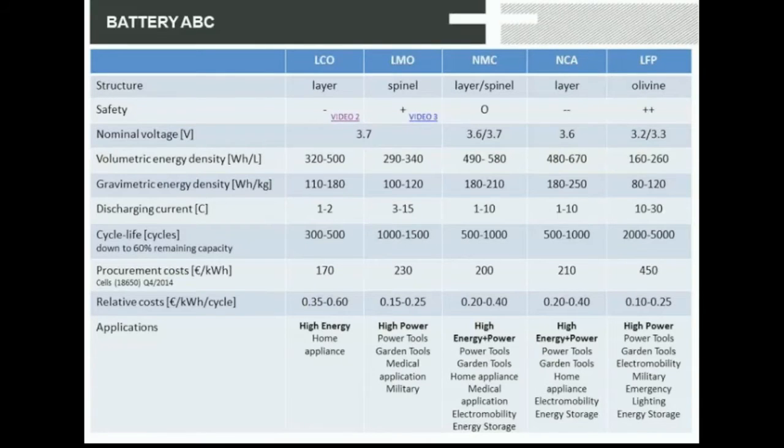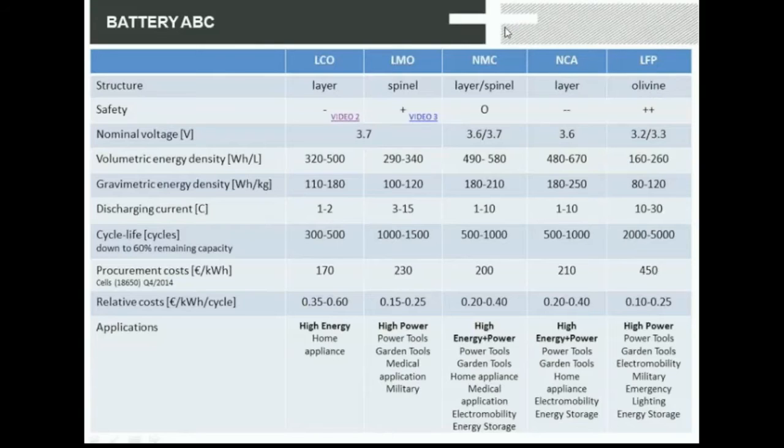When we talk about lithium-ion technology, you will see that there are many different kinds of lithium-ion technologies around. It is not one general lithium-ion technology. There are many different types. I think we all know those iron phosphate types, or olivine. Sony calls it olivine.